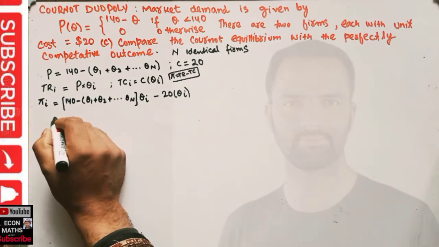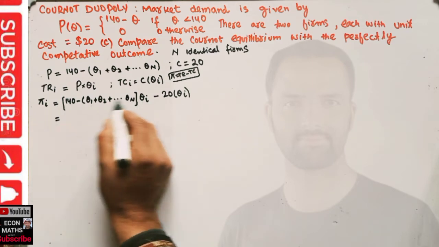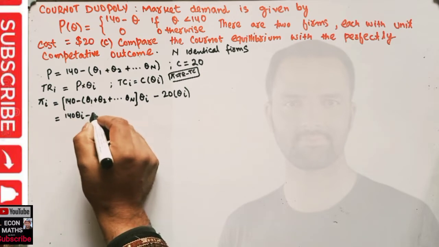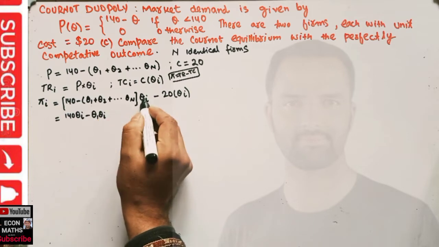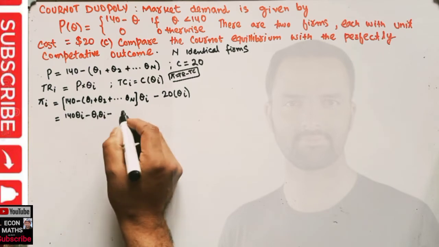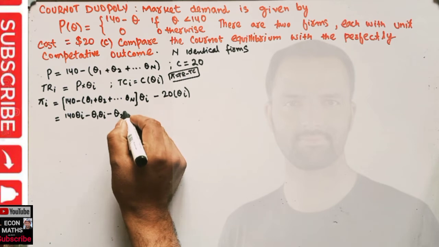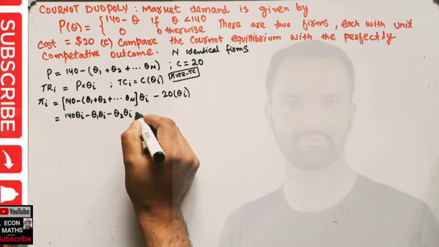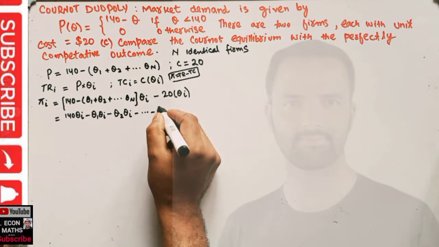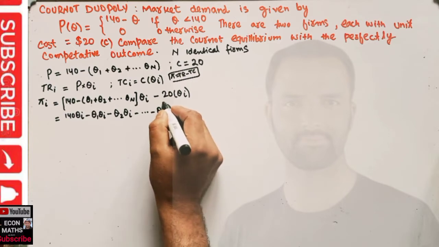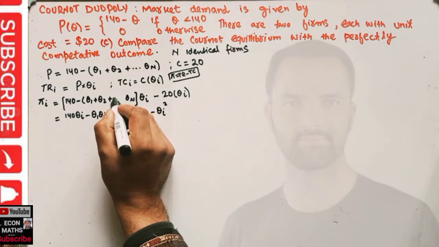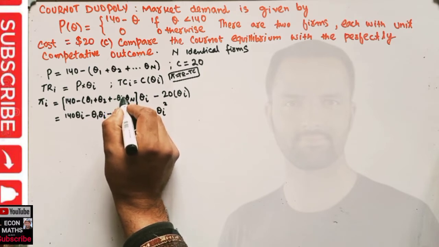Now let's try to rearrange this. This Qi is multiplied to each of these terms, so this will become 140 Qi. Then we have minus Q1 into Qi. Obviously we have a negative sign for each term here, so we have Q2 Qi, minus up to, then we will have another Qi squared. I forgot to write here: one firm which we have here, that is Qi, will also be one of the firms up to Qn.